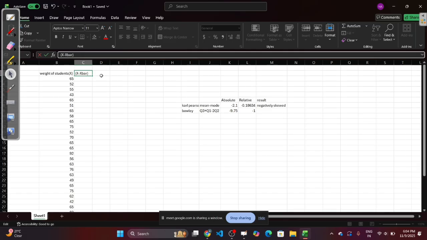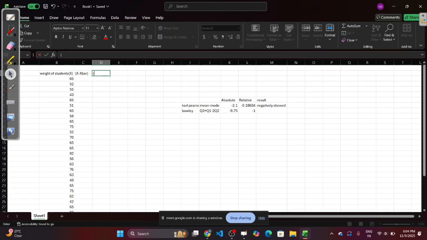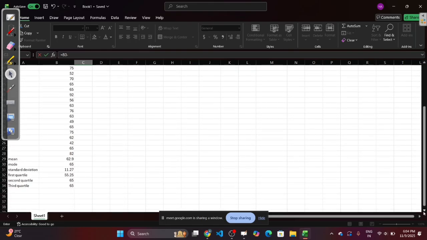X minus x bar, then x minus x bar squared. Now here you put the value, this minus mean. What is the mean? The average you calculated, you can either use absolute cell references or put the value directly. So I have put the value directly, 62.9.